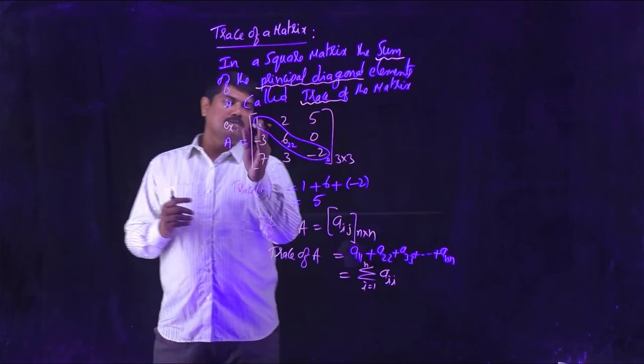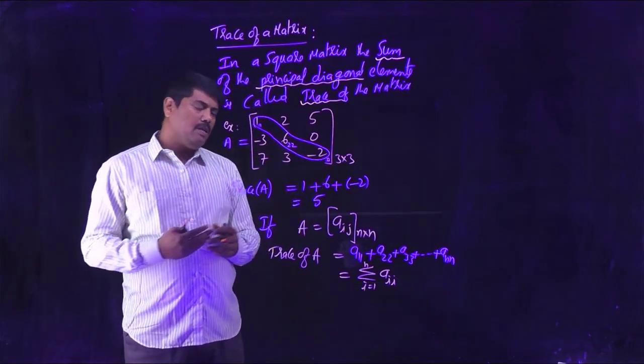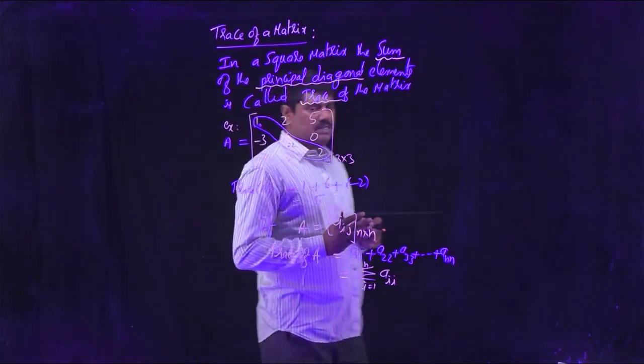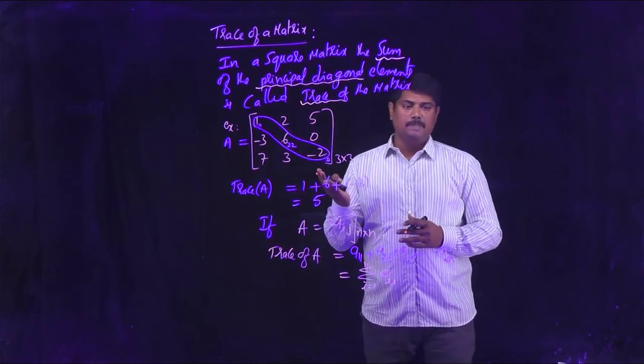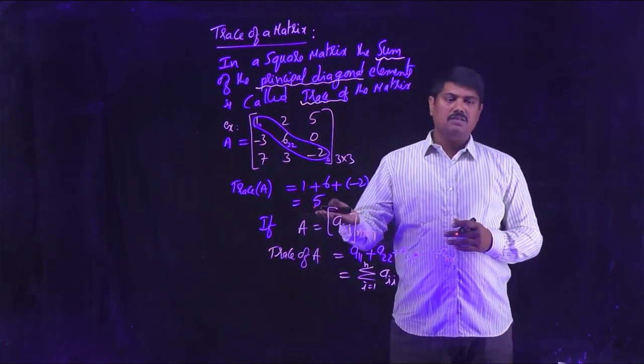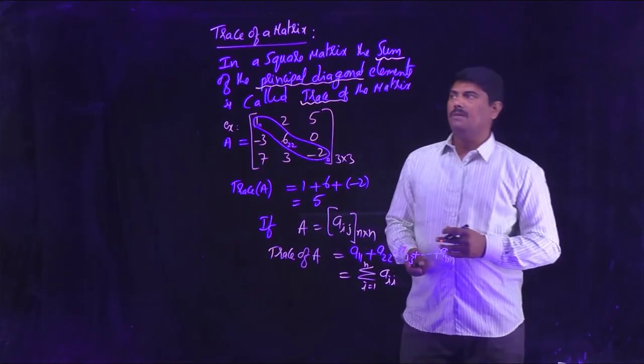Simply observe the principal diagonal elements in the given matrix and add those values, so that you get the trace of the matrix.